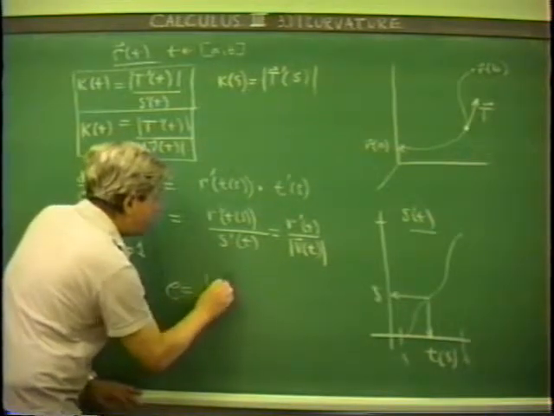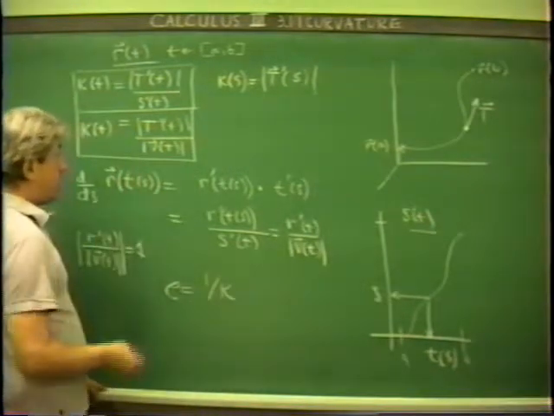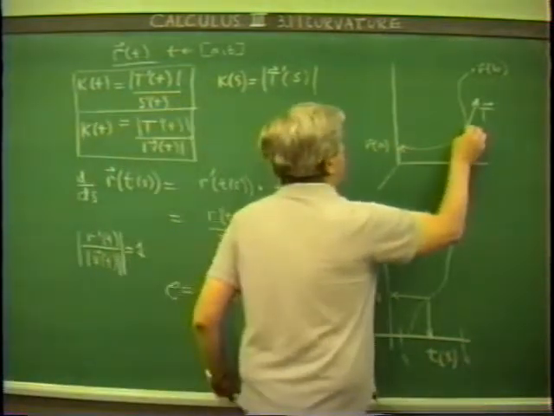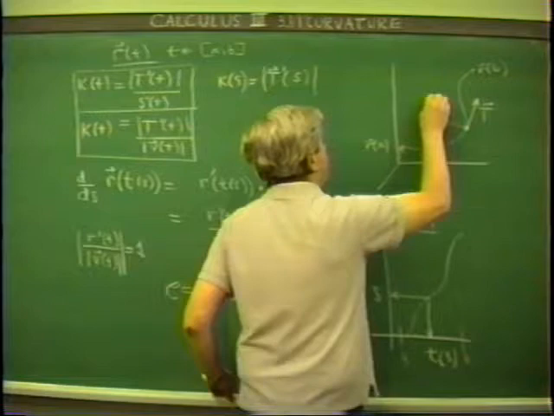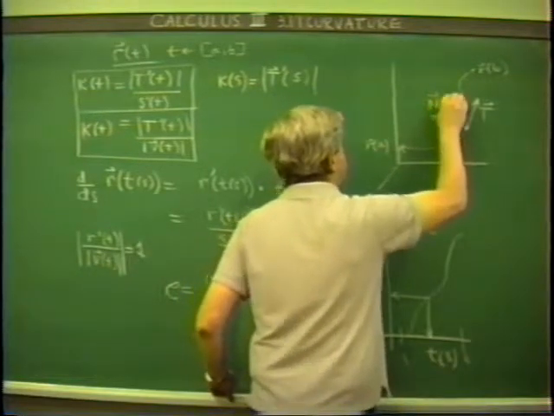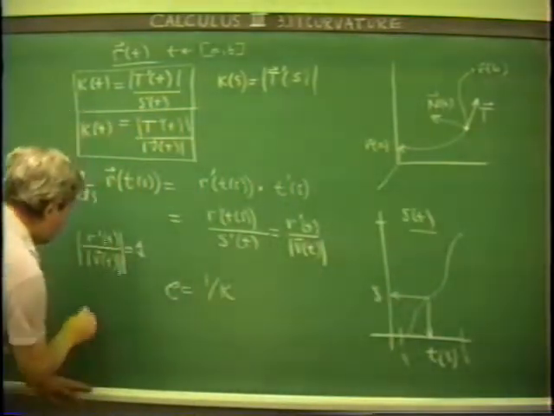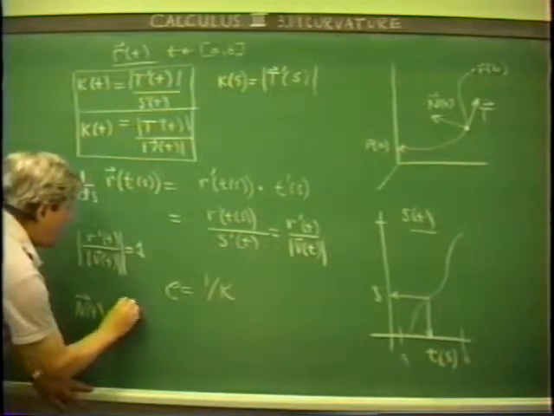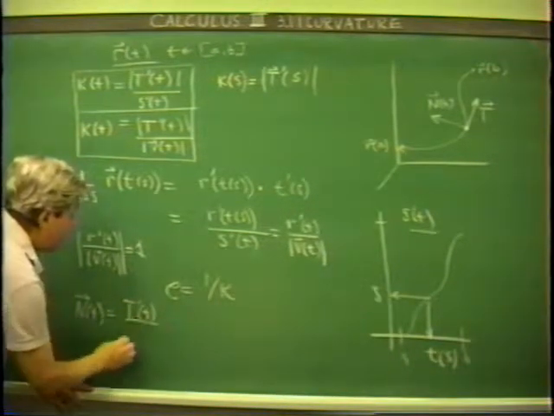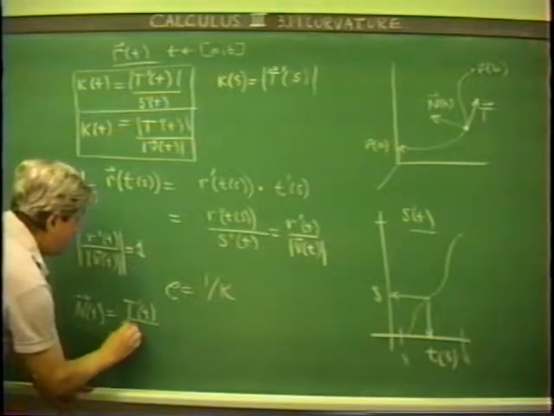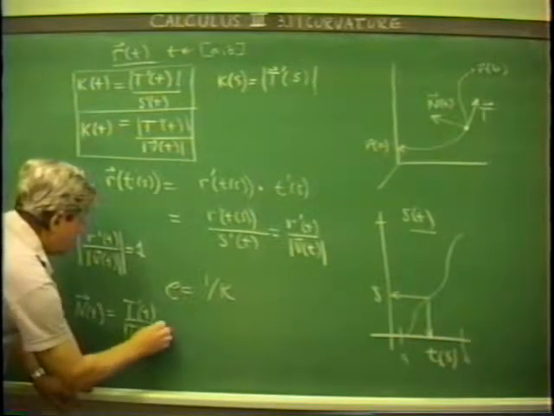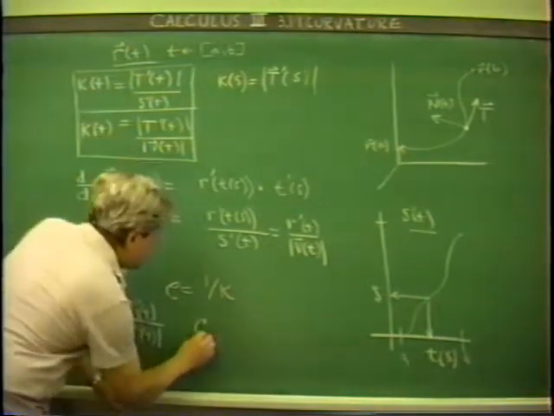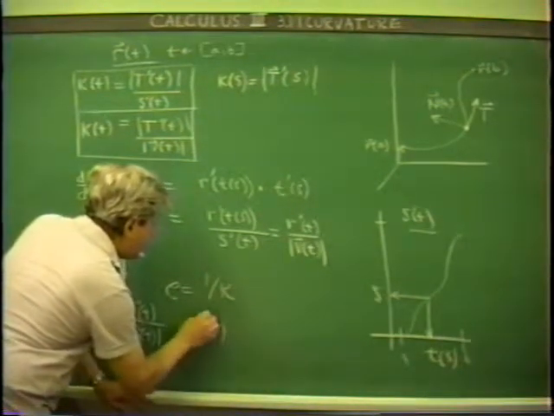Having done this, then, we're going to want to talk about the radius of curvature, rho. It's going to be 1 over the curvature. Right? And recall, if you look at the normal vector N of t here, N of t is given by T prime of t over the magnitude of T prime of t.